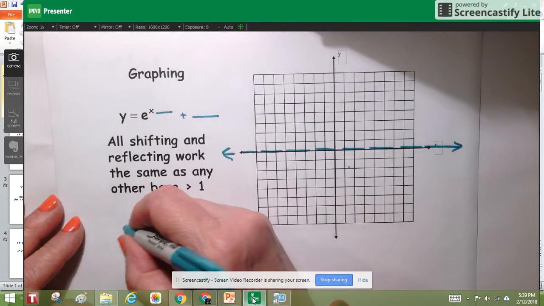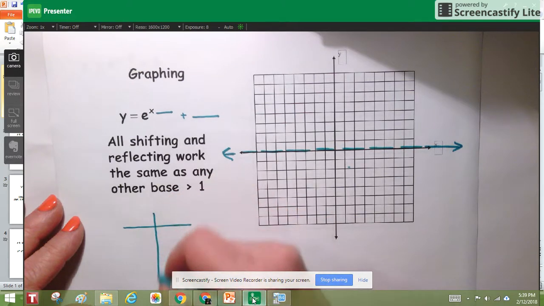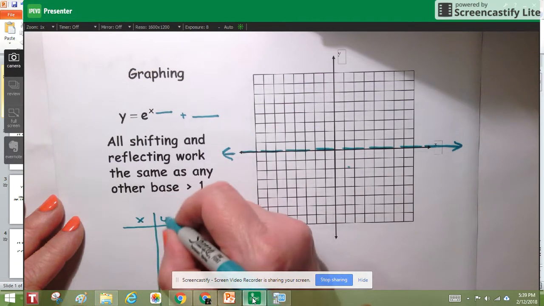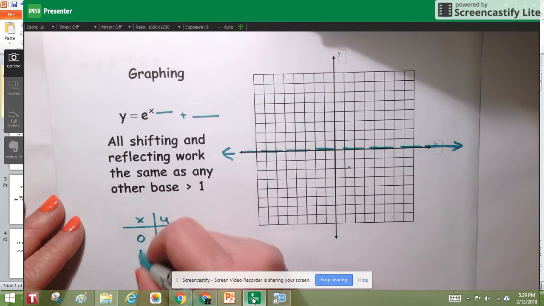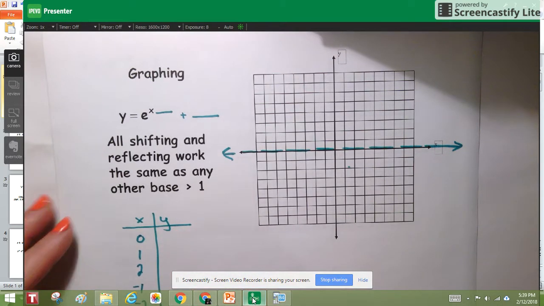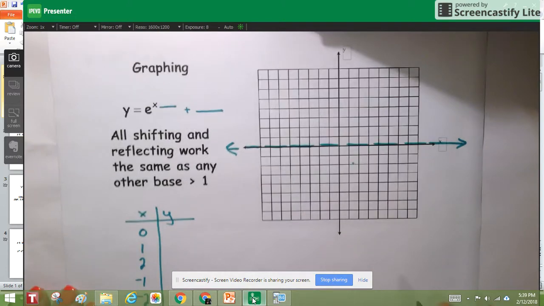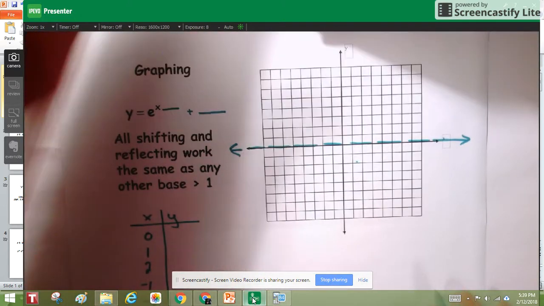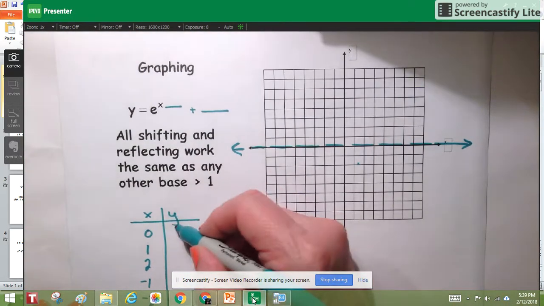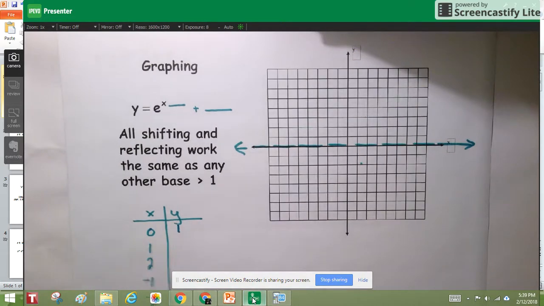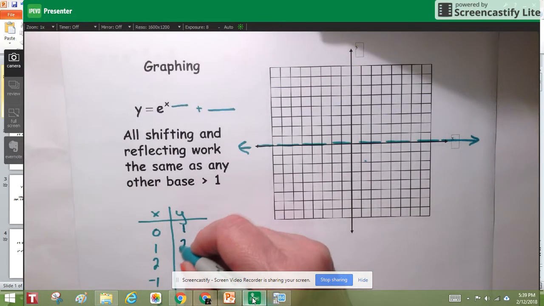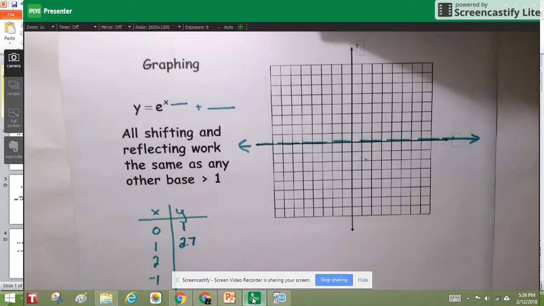If we do an xy table, at least the first time that we're graphing these, we'll pick the numbers that we usually do: 0, 1, 2, -1, -2. All right, if I plug in 0, well, e to the 0 is going to be 1. We know that that's always going to be on our graphs. E to the 1 is just simply e, which we know is about 2.7.